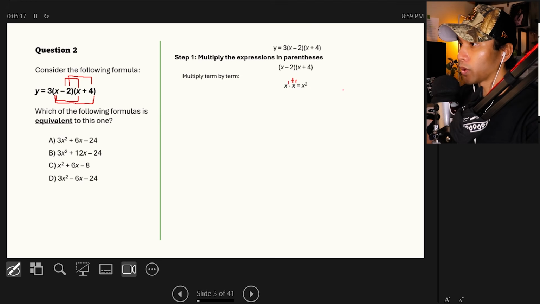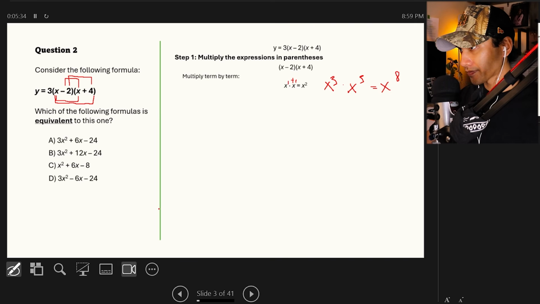That's why we have x squared. Another example would be x to the 3 times x to the 5 equals x to the 8th power. I think that's how you say that correctly. So that's just a quick recap.